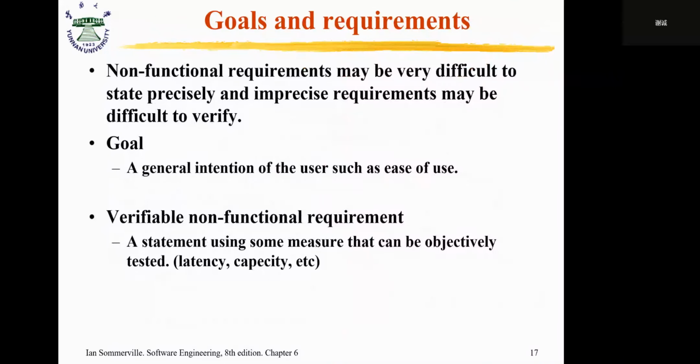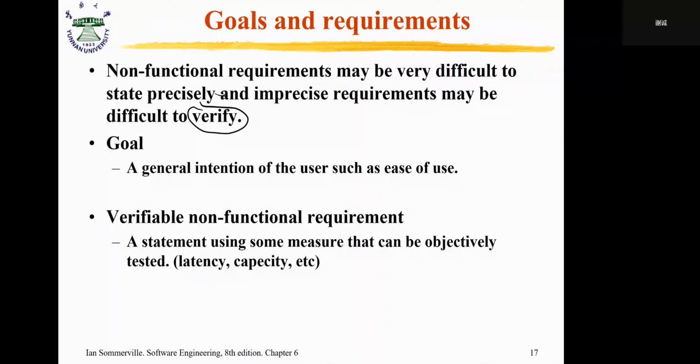And the goal of the requirement. Normally, when we do the requirement document, first we should give a goal here. Non-functional requirements may be very difficult to state precisely, and process requirements may be difficult to verify. So before we do the non-functional requirements, we should give a goal. A goal means you don't need to verify it in detail, but you should be close to this goal.